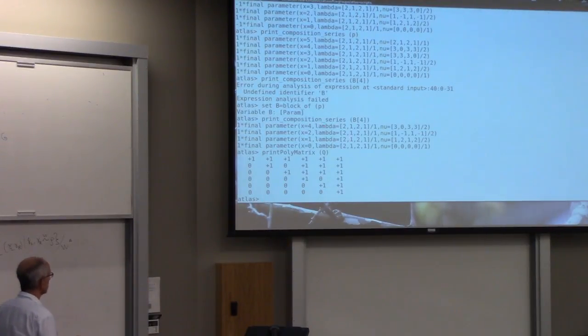So number 4: 0, 1, 2, 3, 4, this says that standard module 4 is irreducible number 4 plus irreducibles 0, 1, and 2. And that's what this says.